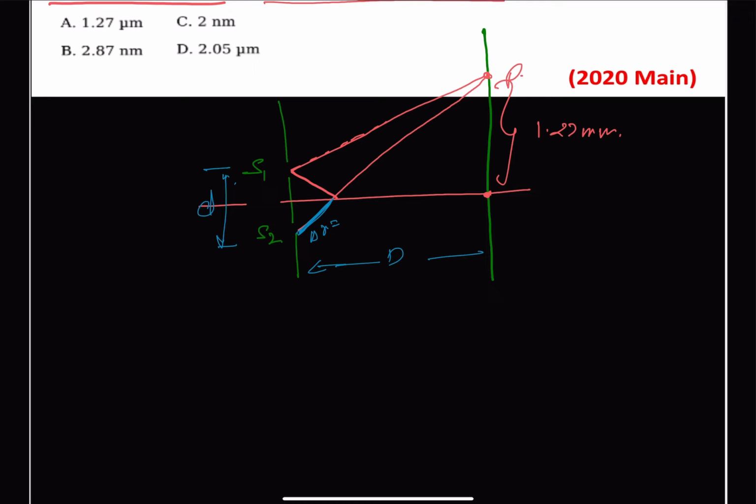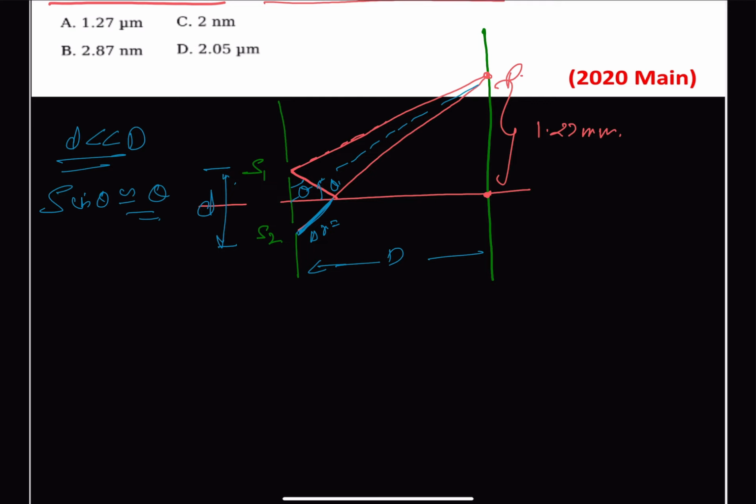And we can use the approximation that small d is very much less than capital D, therefore sine of theta is approximately equal to theta. And we can also draw the theta, so this will be our theta.